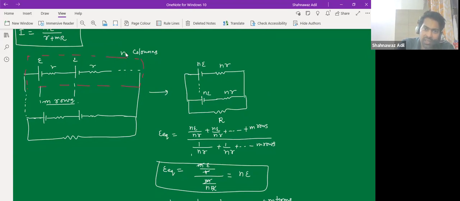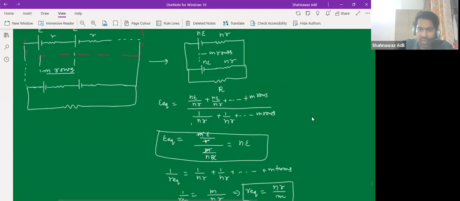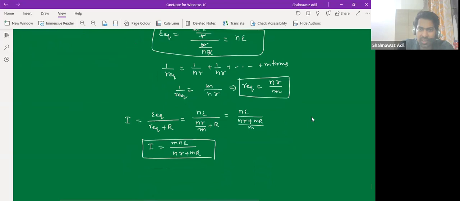We change this diagram to this equivalent diagram, where we have one single cell, and all those are connected in parallel. So M single cells connected in parallel. This is N and M. Is that clear?